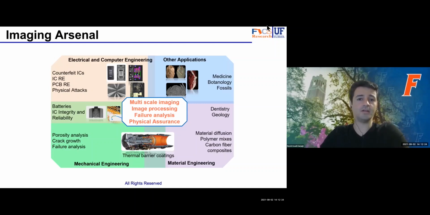This area is growing really fast. In the medical domain, we have the CT scan, MRI, and now we have doctors relying on machine learning models to detect issues in a patient's MRI or CT scan image, which a lot of times can be very difficult for a human to identify.